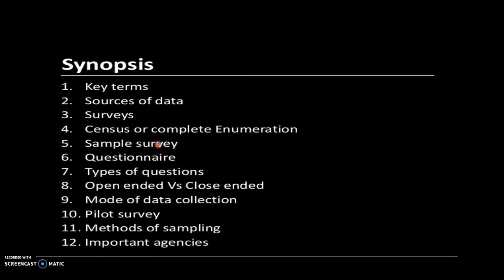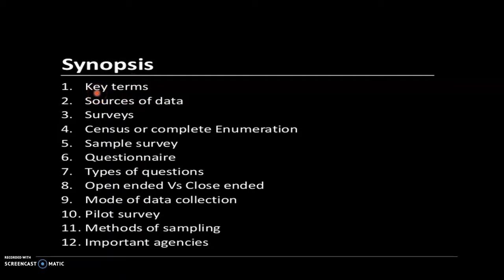In this chapter, you will study the sources of data and the mode of data collection. The purpose of collection of data is to show evidence for reaching a sound and clear solution to a problem. In this chapter, you will study these 12 different topics.